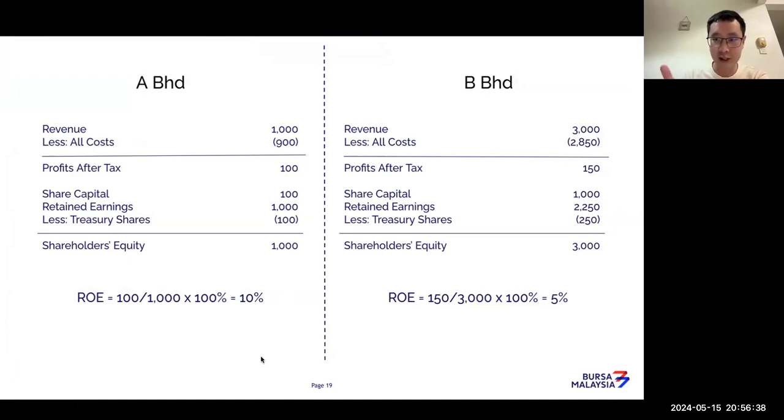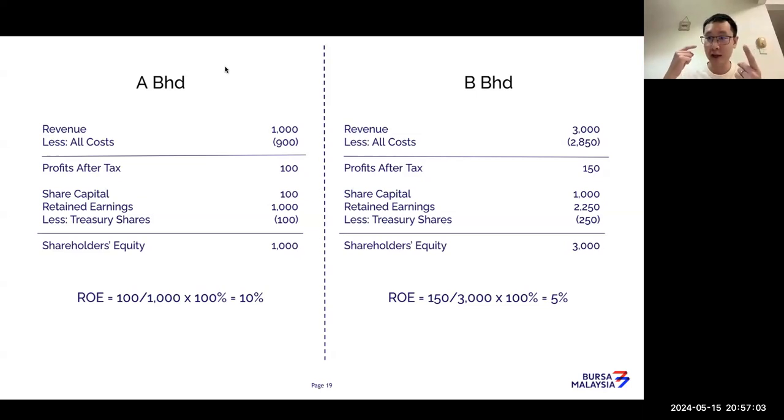Is it A Berhad or is it B Berhad in terms of return on equity? I guess this is quite apparent, simply because for investors, we want companies that have better or higher return on equity. So the ones that have higher return on equity will definitely be preferred by investors.